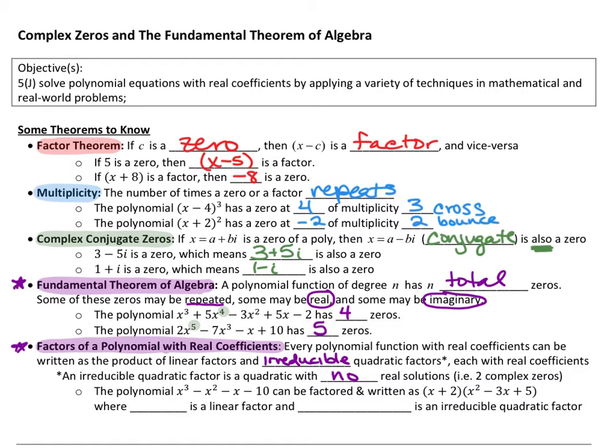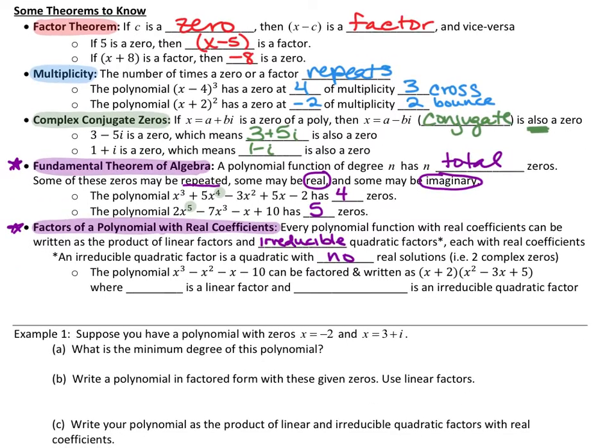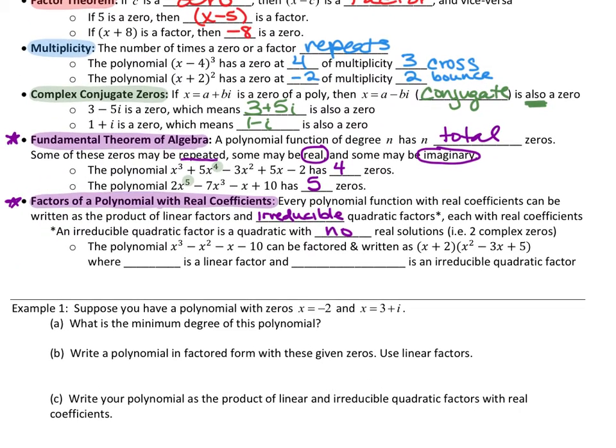The polynomial here that you see, x cubed minus x squared minus x minus 10, can be factored and written as you see here, where we have a linear factor, x plus 2, and an irreducible quadratic factor, x squared minus 3x plus 5.